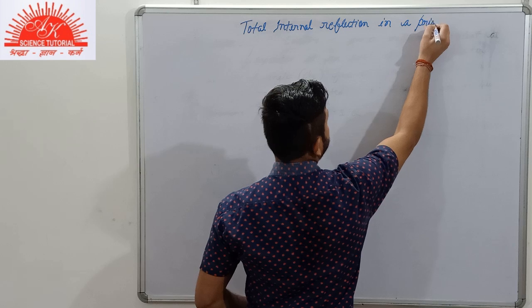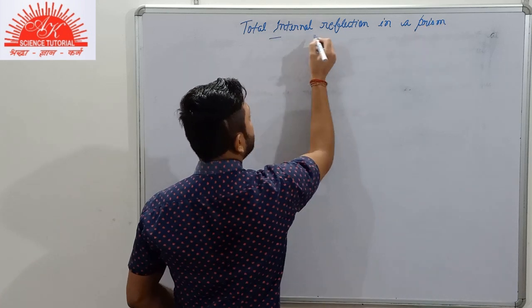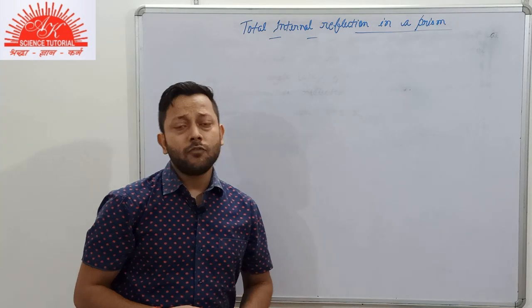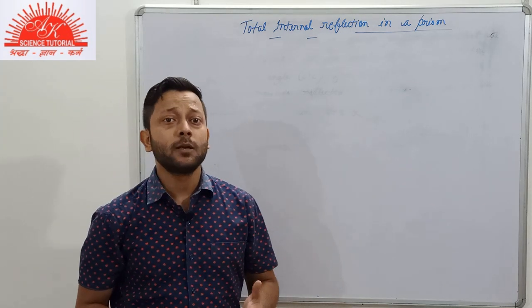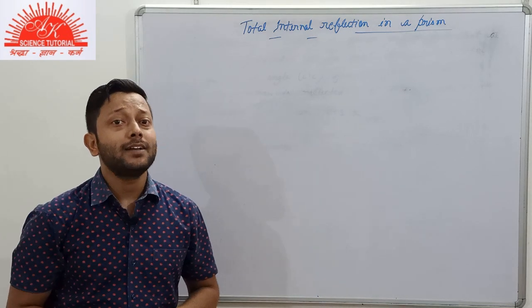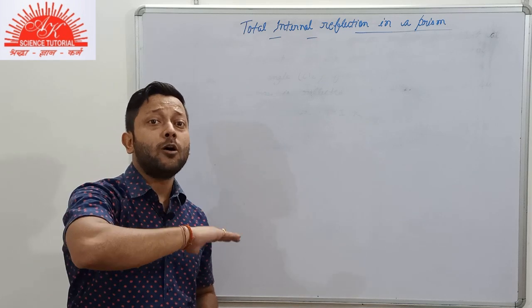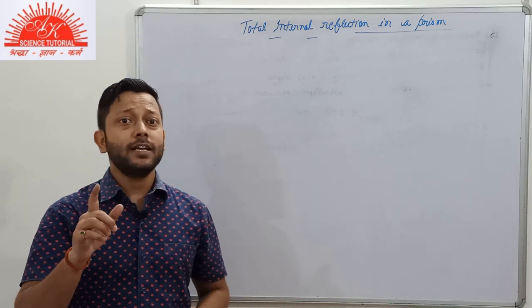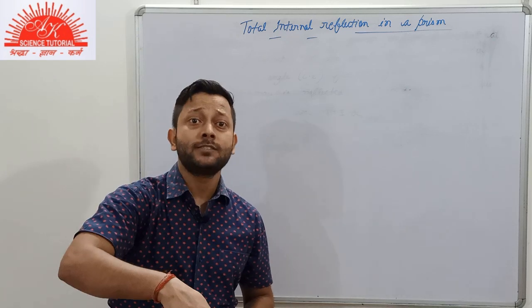And one more thing, if you are asked what conditions should be fulfilled for total internal reflection to take place, you know about it. The light ray has to travel from an optically denser to a rarer medium. This is the only case. The light ray shouldn't travel from a rarer to a denser medium.